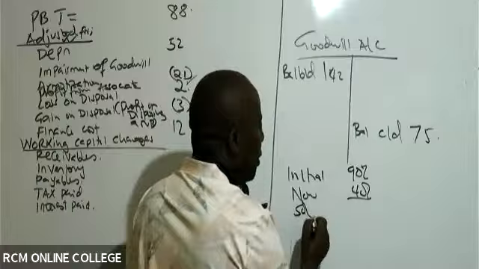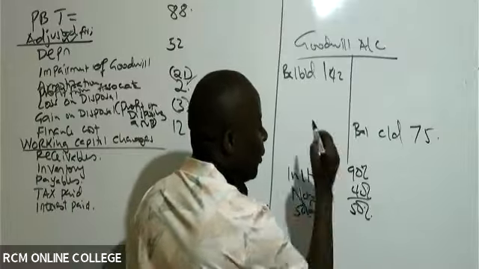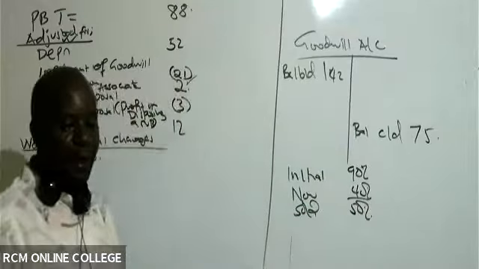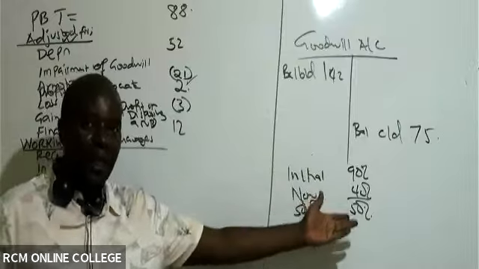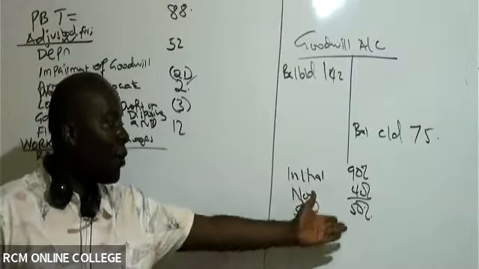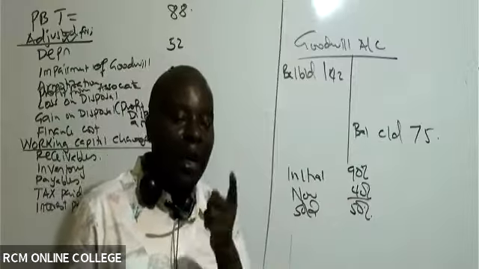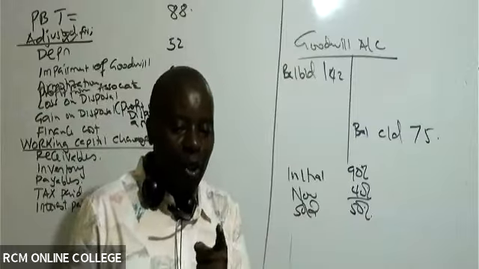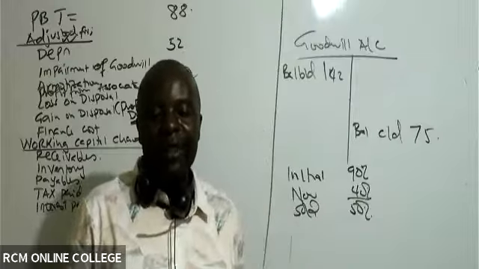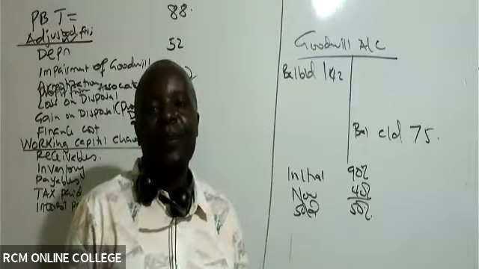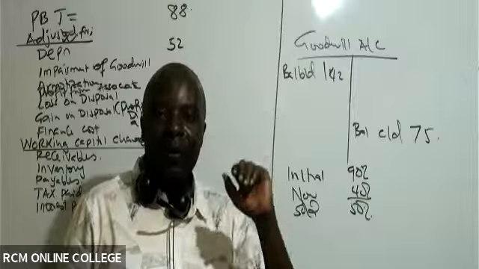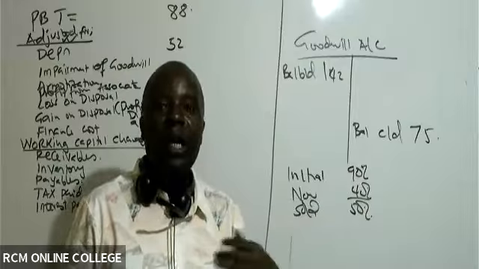So we sold what percentage? 50%. Initially we had 90%, which was a subsidiary, but now we only have 40%. When you have 40%, what does that mean? That now we have an associate. So we have disposed a subsidiary, and our investment, which initially was a subsidiary, has become an associate.